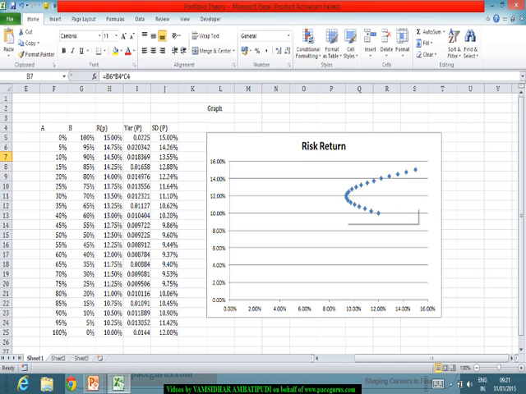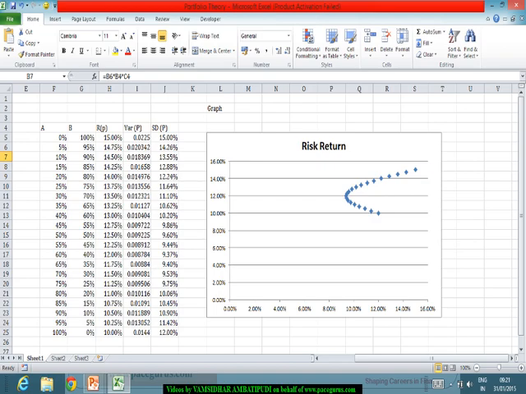And this particular point where the standard deviation appears to be lowest. Here we are seeing up to a certain point. From this point, as the standard deviation is increasing, the return is also increasing. Whereas below this, as the standard deviation is increasing, the expected return is falling.